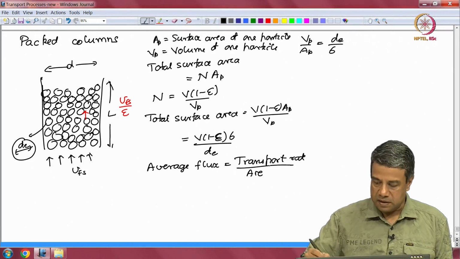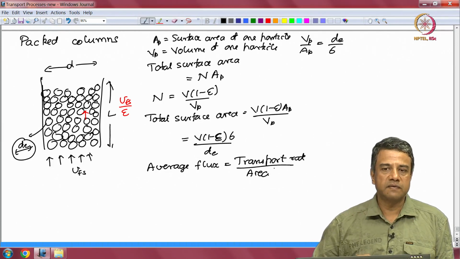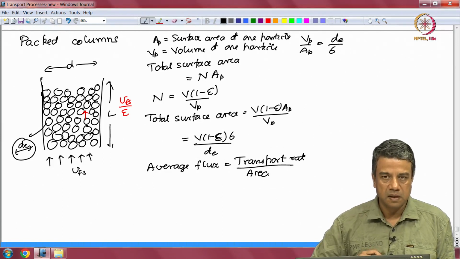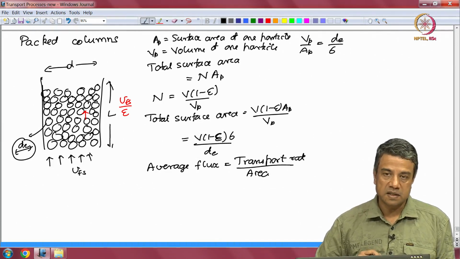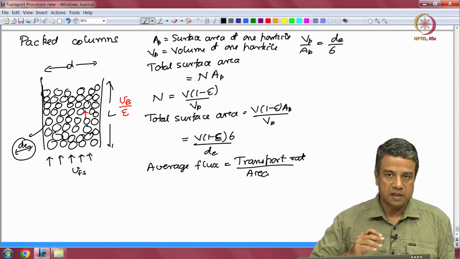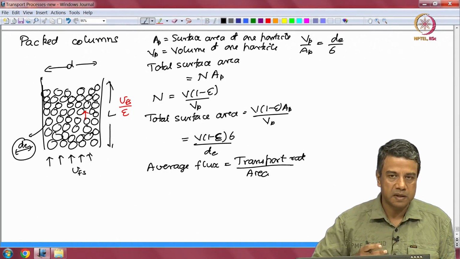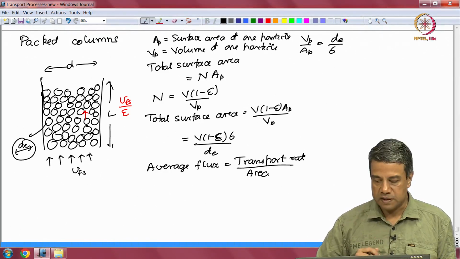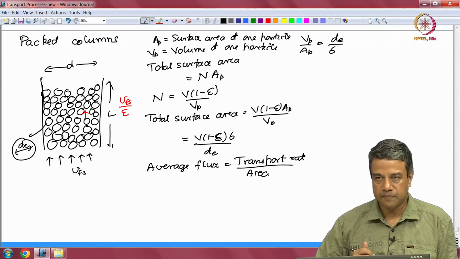The area in this case is the sum of the surface areas of all of the particles, which is the same as the surface area of the void space between the particles, okay, because the sum of the surface areas of all the particles is equal to the surface area of the void space between the particles. Okay.